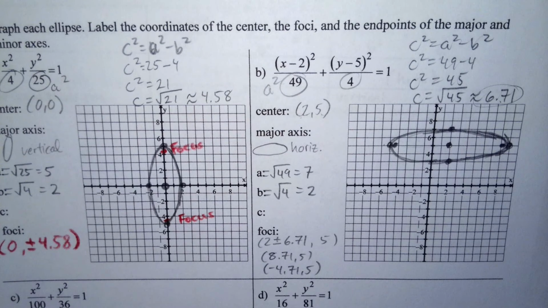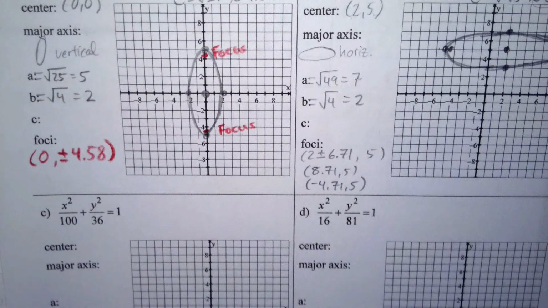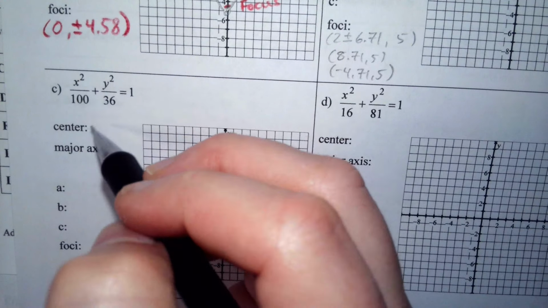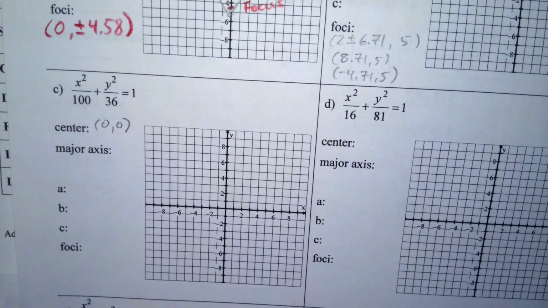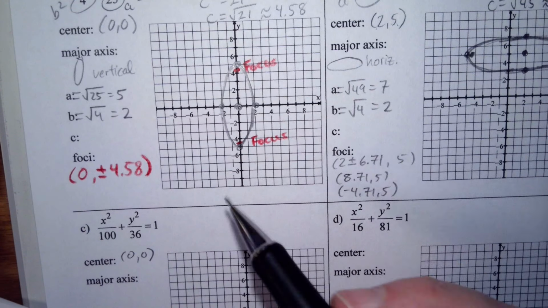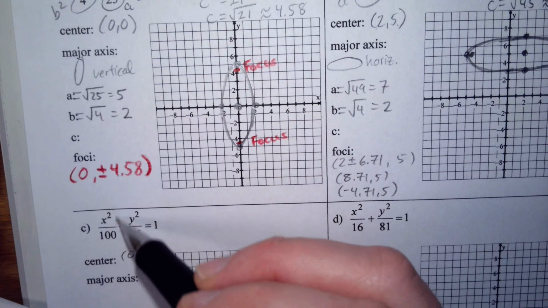Okay, I'm going to do one more example with you guys. Letter C. Okay, scanning it, I'm like, okay, so the center is going to be 0, 0. And once again, I'm comparing that to the standard form equation in our previous notes. Okay, the major axis. Well, who's got the bigger number? That's the x values.